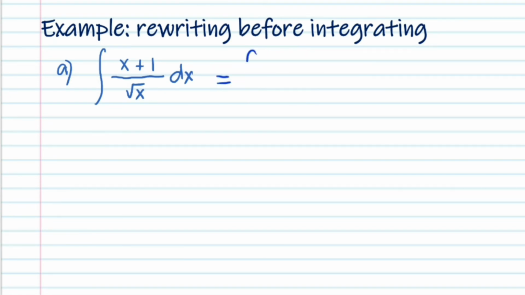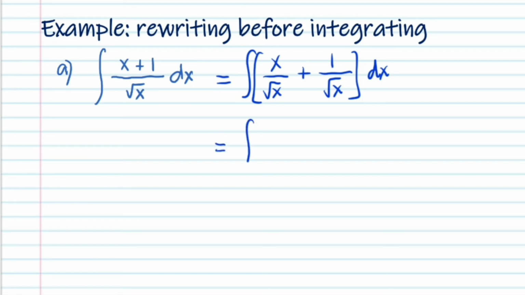So when we rewrite, we'll have x over square root of x plus 1 over square root of x dx. This is a property of a fraction with the same denominator. x to the negative 1/2 plus x to the negative 1/2 dx.